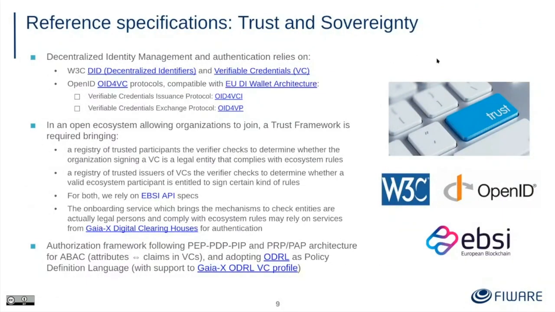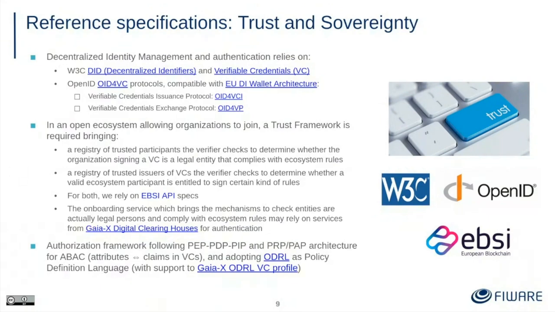Now let's go a little into the actual standards and protocols that we're using for that. I will start with trust and sovereignty. This is essentially everything about the decentralized identity and access management that I talked about before. Our decentralized identity management and authentication relies on some well-established protocols. The first one is the definition of decentralized identifiers and verifiable credentials.